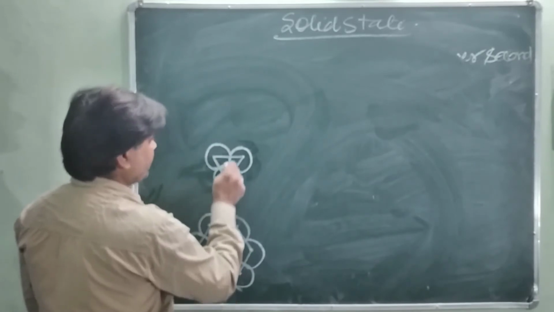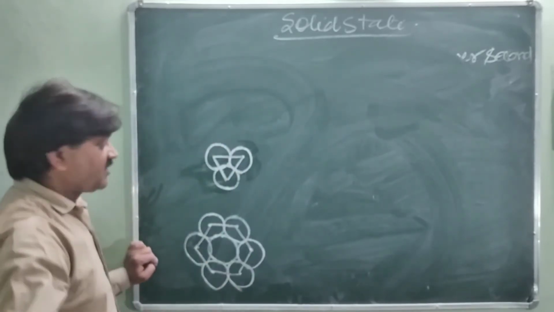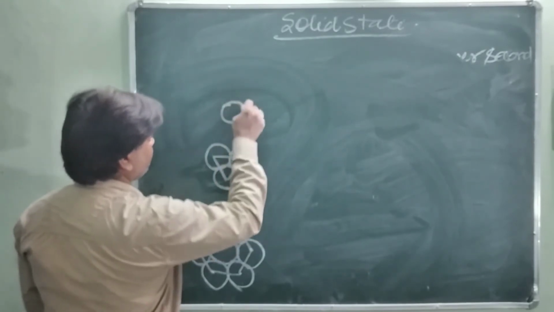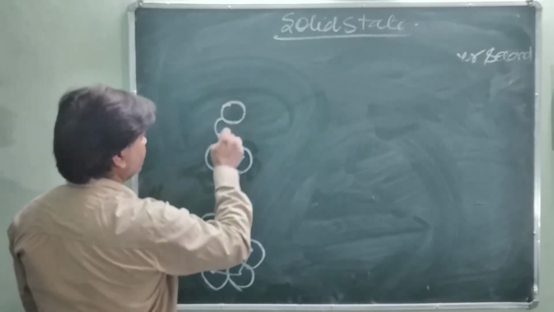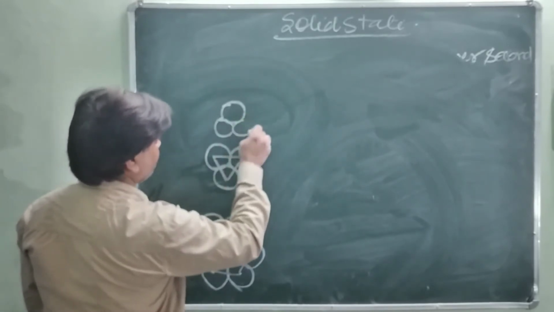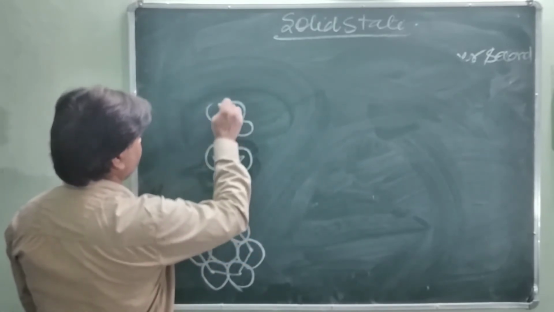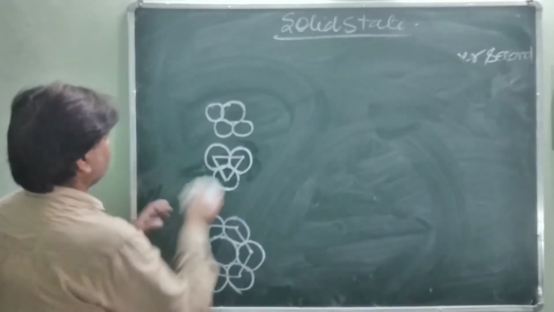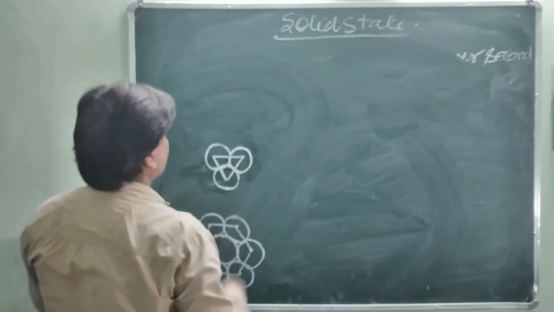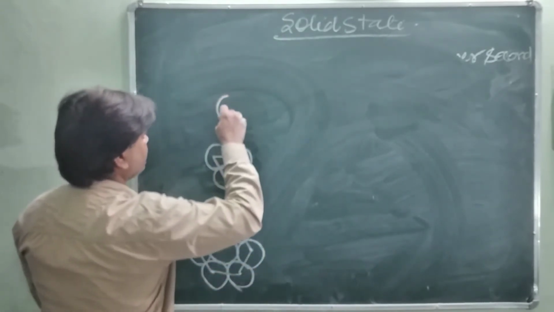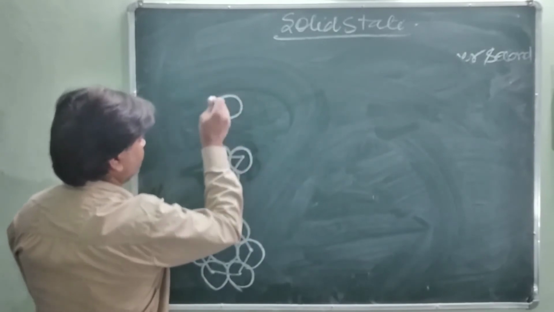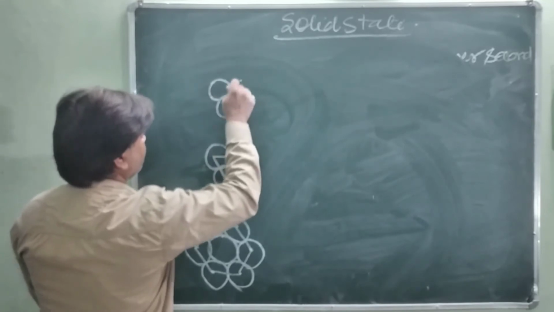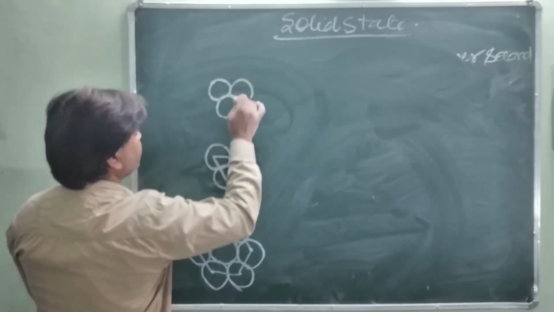This is a tetrahedral void. Now further octahedral voids. This is between the 6 atoms.